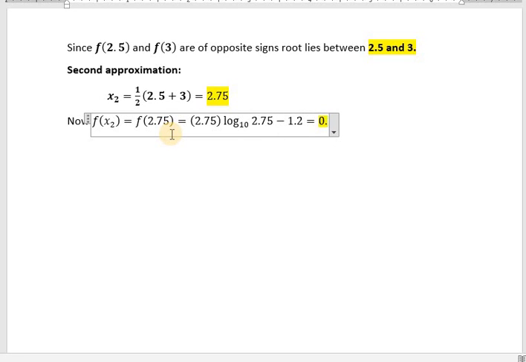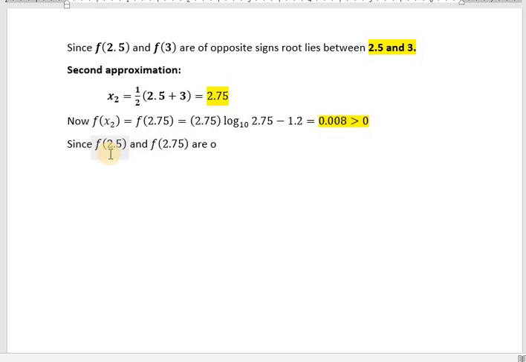Its value is equal to 0.008, which is a positive value. f(2.5) and f(2.75) are of opposite signs. Therefore, the root now lies between 2.5 and 2.75.